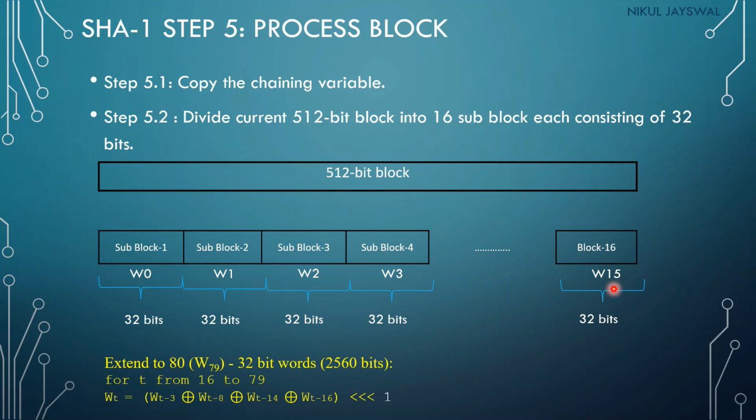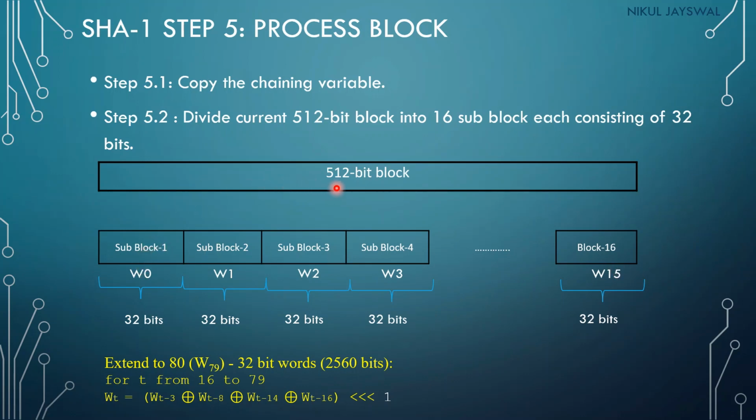Clear? So we have taken the first 512-bit block and we will divide it into 16 words. But to process the block we require 80 words. Clear? So here we have 16 words.